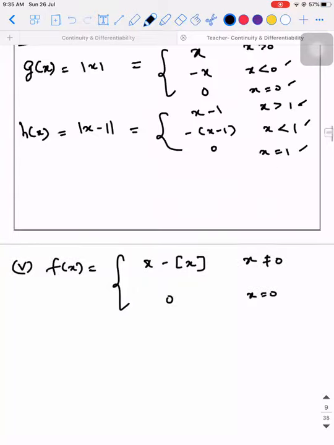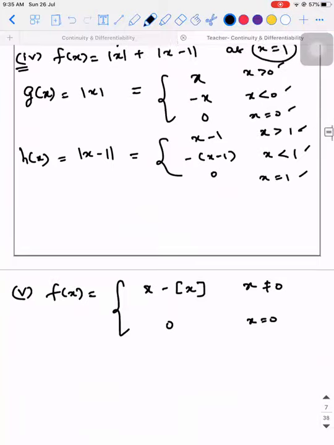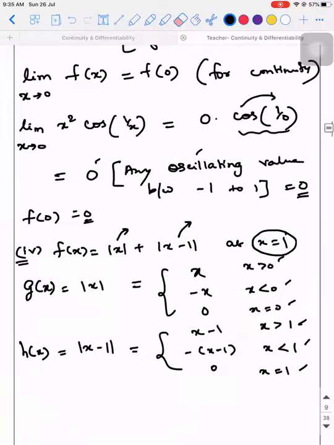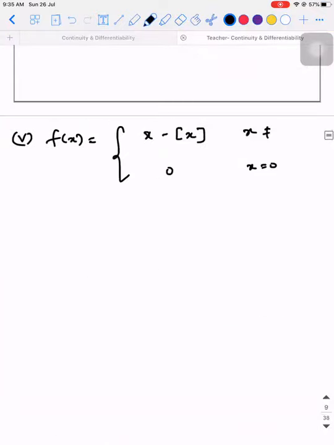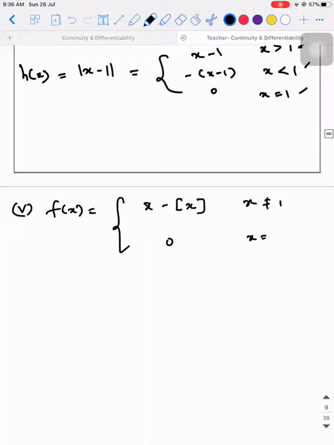So this fifth one, right? f of x is equal to x minus greatest integer of x, and this is 0 at x equal to 1. Now tell me.